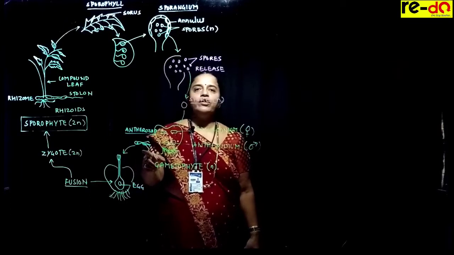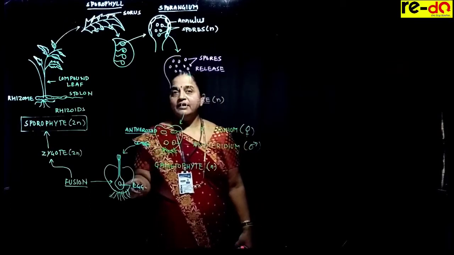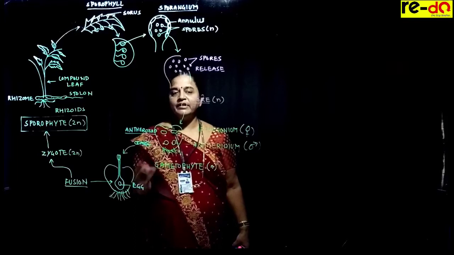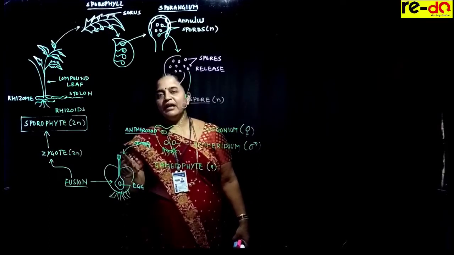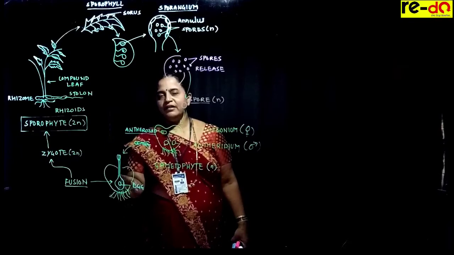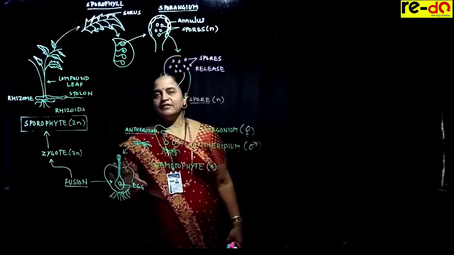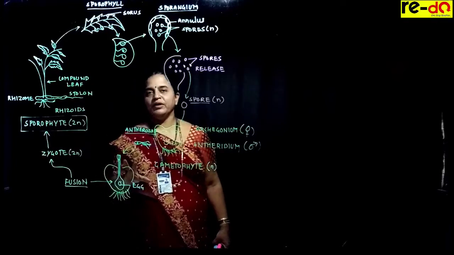So the antherozoid we call the male gamete, and the egg is the female gamete, which is highly protected inside the archegonium. Here only one male gamete, the antherozoid, is allowed inside the neck and fuses with the egg. This is the sexual phase of reproduction.